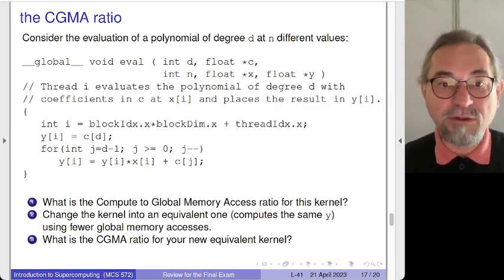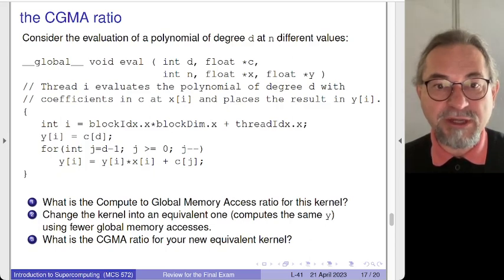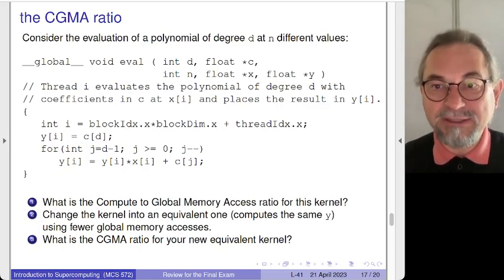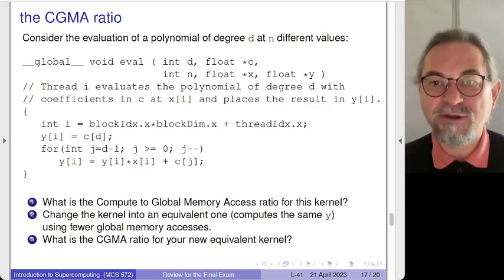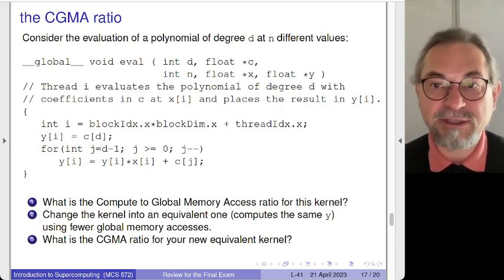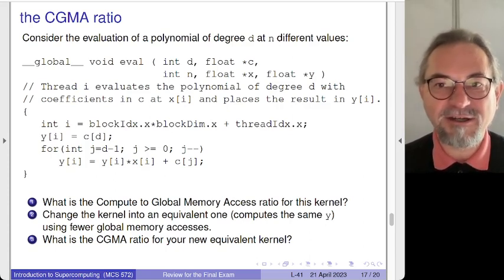Okay, what is the compute to global memory access ratio? What is that again? We examine the number of computations that we are doing, and you can forget about the loop because the loop is executed d times. Horner's method on a polynomial of degree d requires d additions and d multiplications. So every thread does d multiplications and d additions.